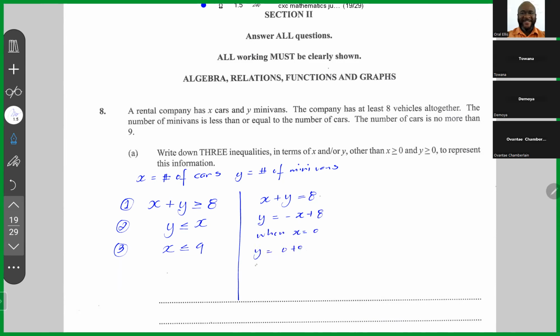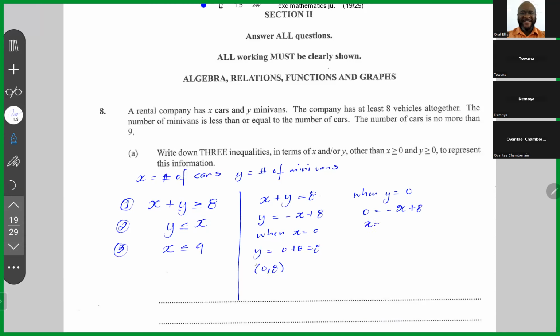So let's do when y is equal to 0. When y is 0, I'm going to have 0 is equal to minus x plus 8.